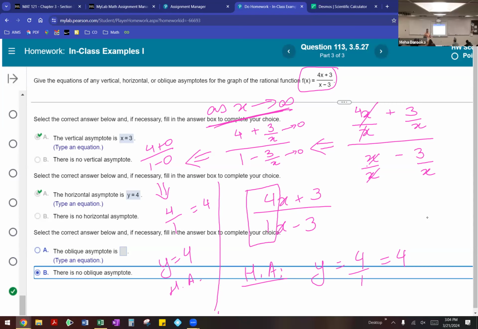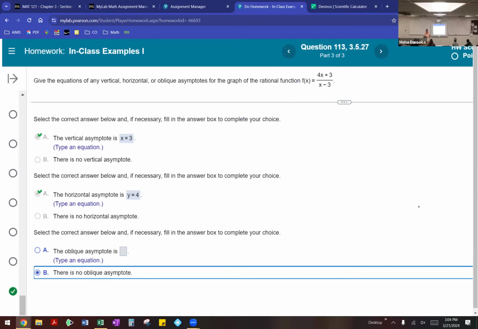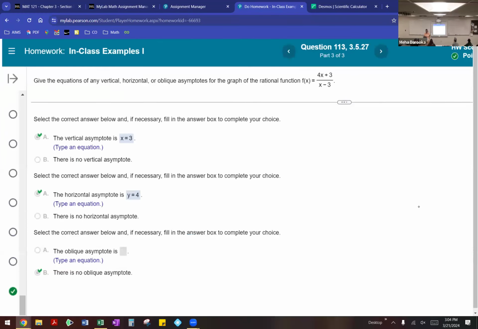If the horizontal had come out to be that you don't have a horizontal asymptote, then you would have checked. So, let's check that. Questions on this example? Daniela, Danny, Jessica on Zoom, how about you guys here?